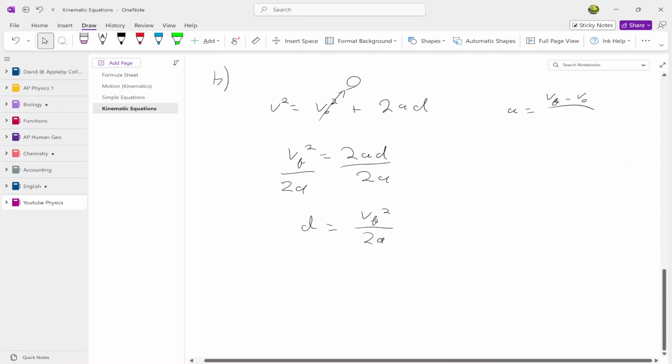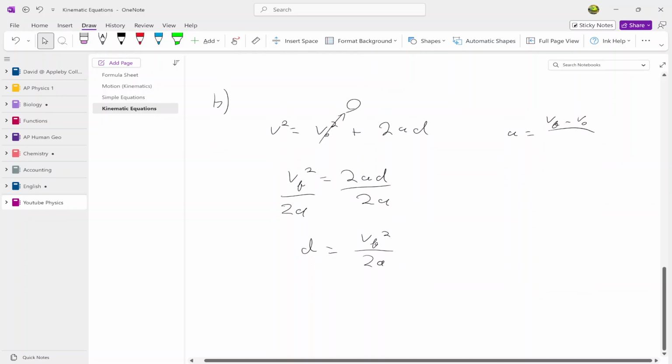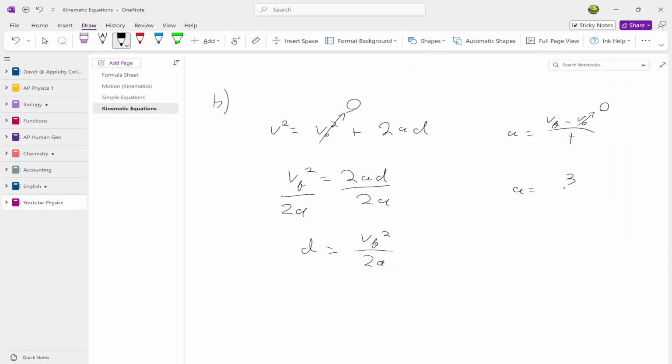But we end up with the same thing, really, so it doesn't matter. And divide by time. We know v0 is 0, so 3 divided by 4. Okay. So we want to put that in a numerical sense. So it'll be 0.75.